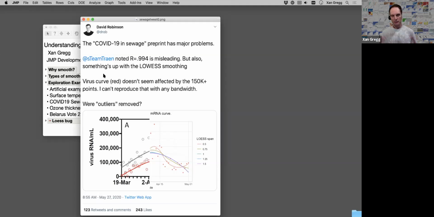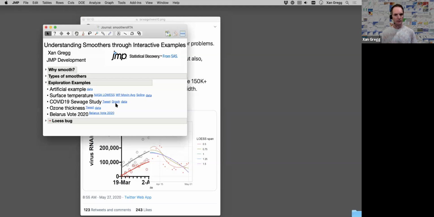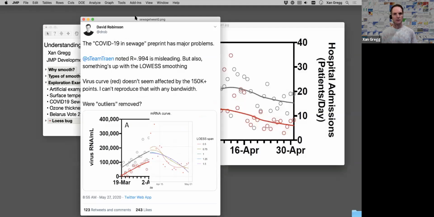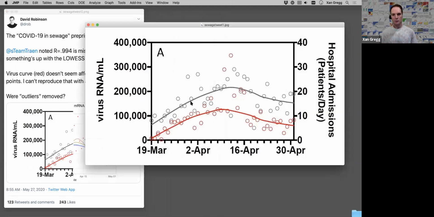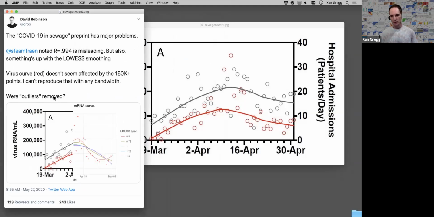There seemed to be a lot of issues with this paper, but one he pointed out was that one of the graphs is cut off, so I think I've got another one of those. He was pointing out that this red line doesn't seem to be respecting these red dots up here, and he's even wondering if the outliers were removed from the analysis. This is a loess curve, and he tried to make his own loess curves and couldn't get any to come out the way theirs were.